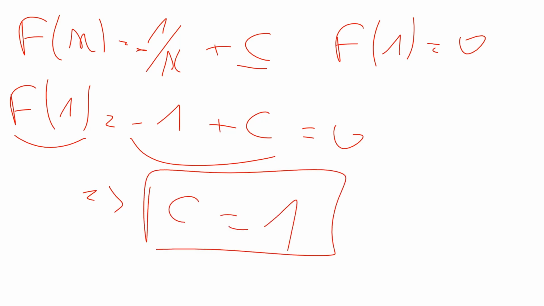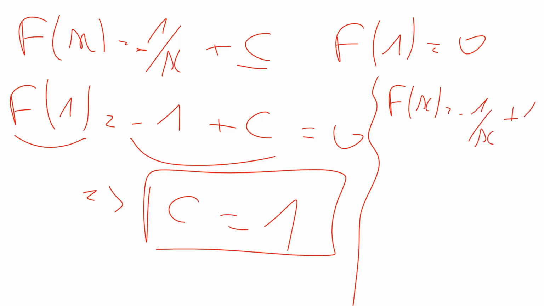And this will give us a particular solution, which is f of x equal to minus 1 over x plus 1. This is the particular solution for f prime equal to 1 over x squared, which is the function that we needed to find the solution of.